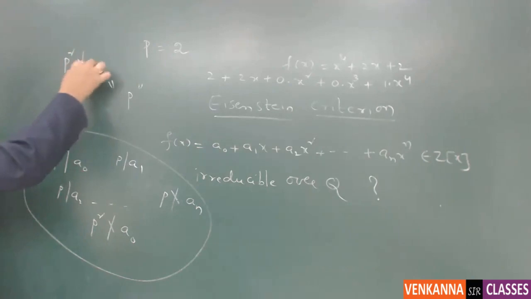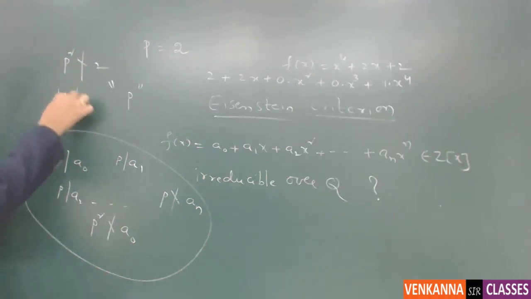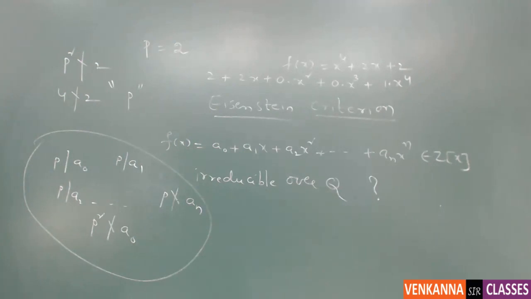P square is 4, and 4 is not dividing 2, the constant term. This is the condition: the prime number p is dividing every coefficient except the leading coefficient, and the square of the prime number is not dividing the constant term. That was the condition. Here, what is the constant term?